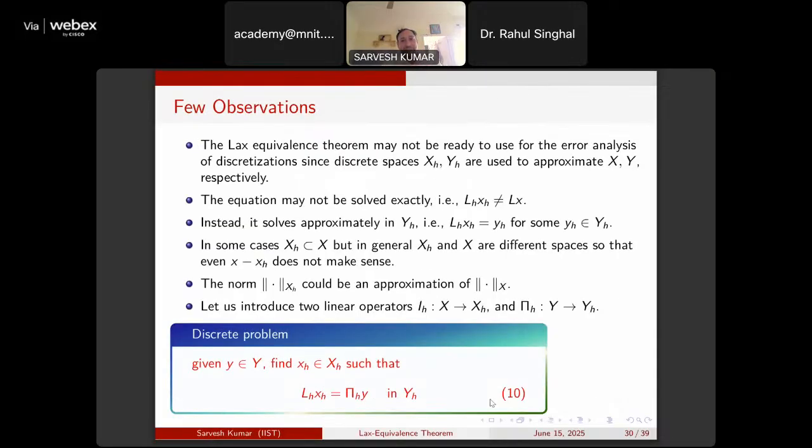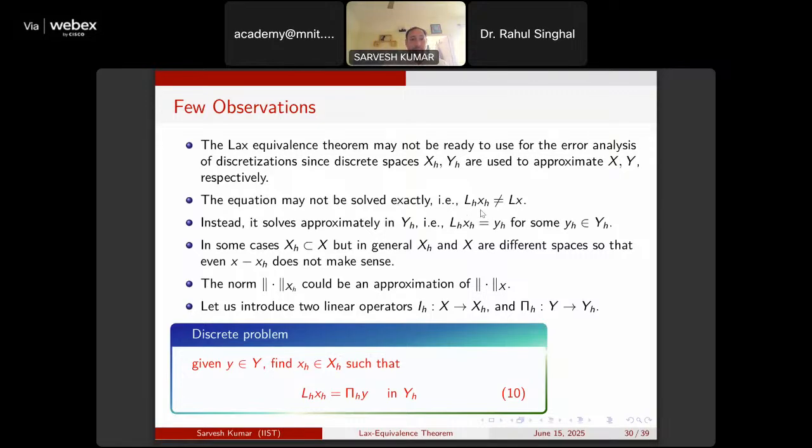So now we have a few observations here. The Lax equivalence theorem may not be needed for error analysis of this, since the spaces xh and yh are used. And the equation may not be solved exactly, so it's not possible that you have LH xh equal to Lx.